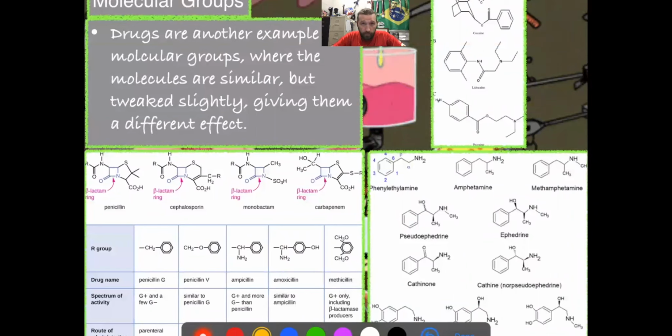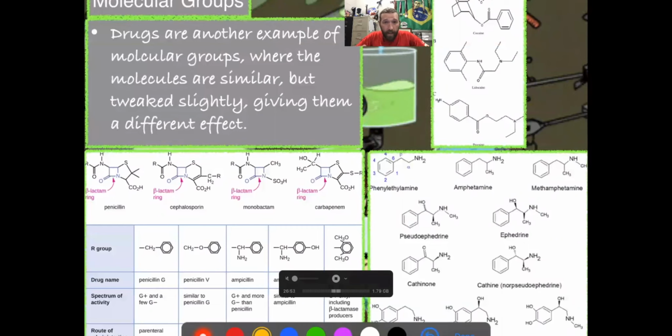Your cocaine. Believe it or not, lidocaine, the stuff that they inject into your gums when you're getting tooth surgery and stuff, is related. It's in the same family as cocaine. It's just the molecule's been tweaked slightly differently. Amphetamine. So amphetamines are a group of drugs that are generally considered stimulants.